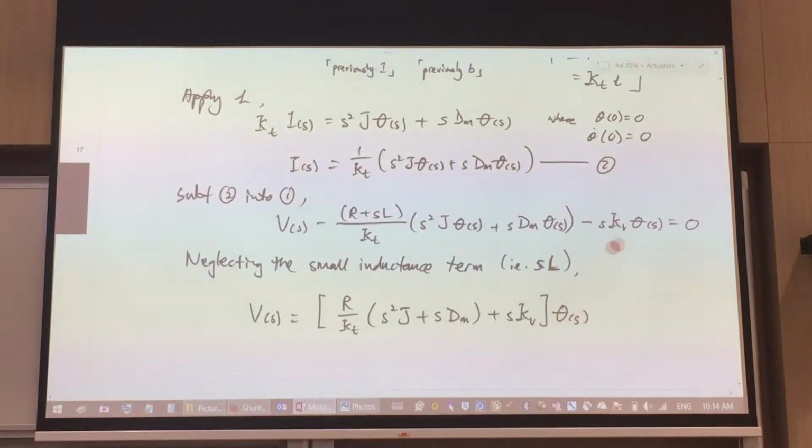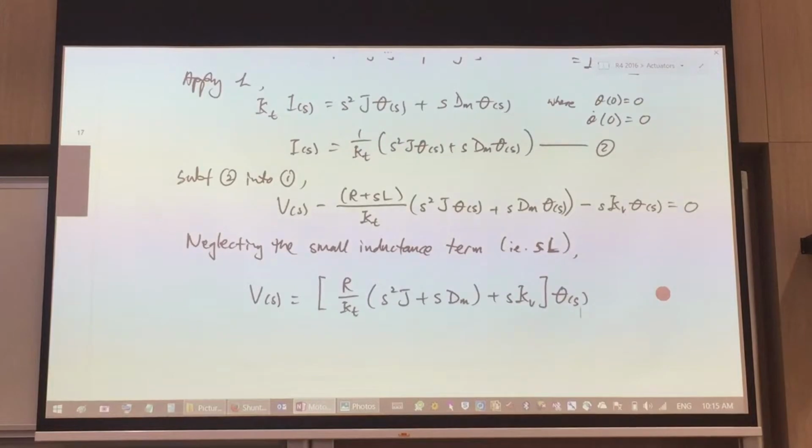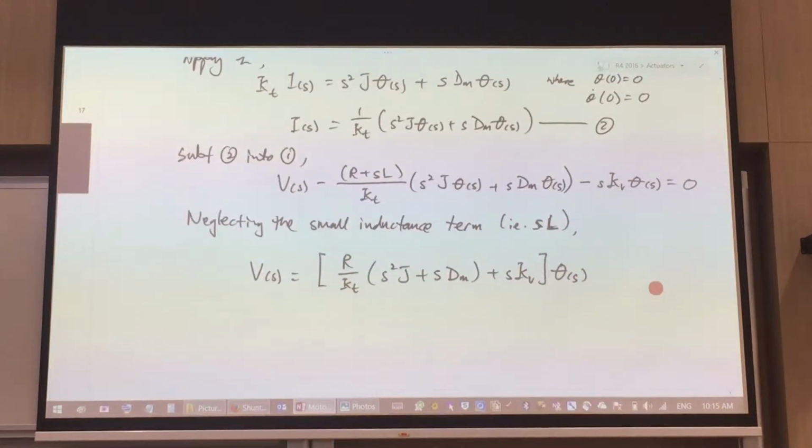That common factor, I'll take it out, and this term here becomes 0. Eventually I could form that equation of theta(s) over V(s) in the following form.